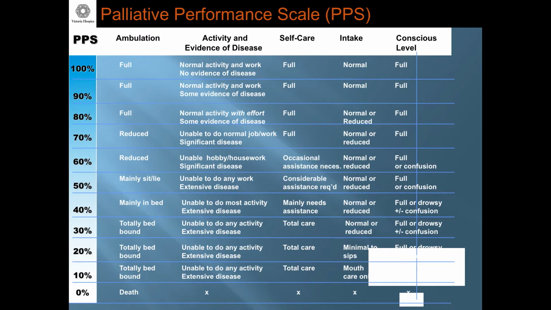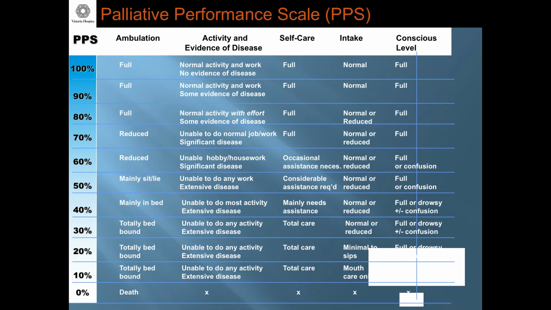It becomes public because you can't get to work anymore. And you may be able to hold it together from a PPS of 100 and 80, but you're starting to show signs at 70. And really you're going to be off work. You might be pottering around the house, doing a little bit of gardening, but you're going to really be feeling different.